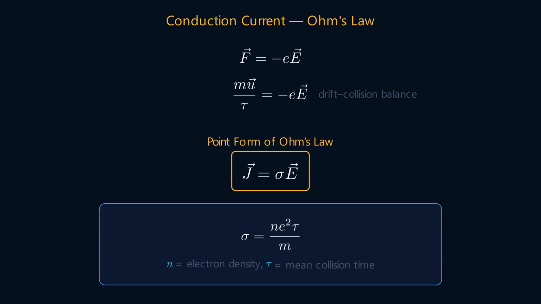It relates the current density at a point to the electric field at that same point. Sigma equals ne²τ over m, where n is the electron density and tau is the mean time between collisions. The point form J equals sigma E is the microscopic version of Ohm's law.